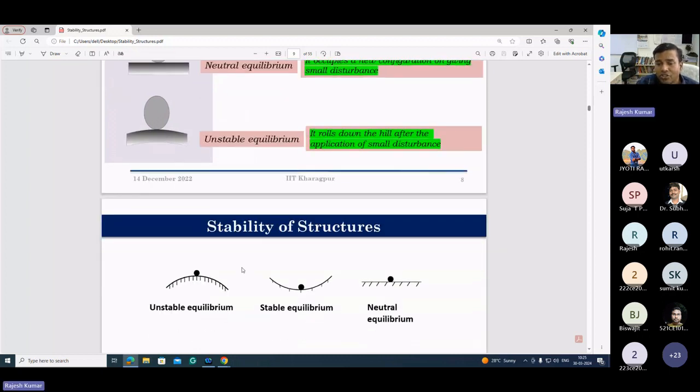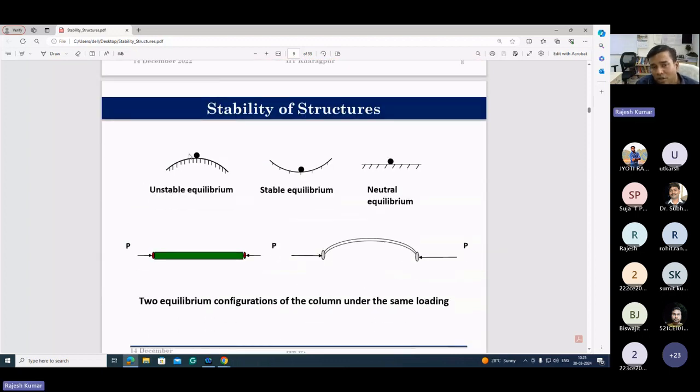You can understand from this also, this is your unstable equilibrium, hemisphere. In stable equilibrium, you give a small perturbation here, then it comes back to the original configuration. In neutral equilibrium, with a small perturbation you give, it acquires different, new positions. That is known as neutral equilibrium.